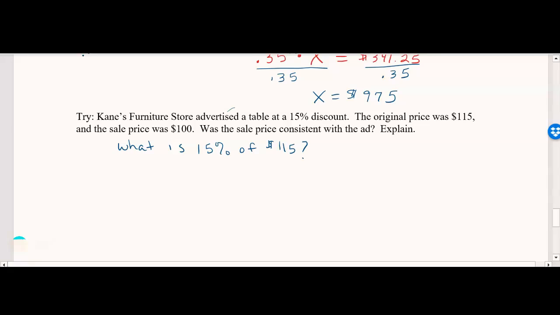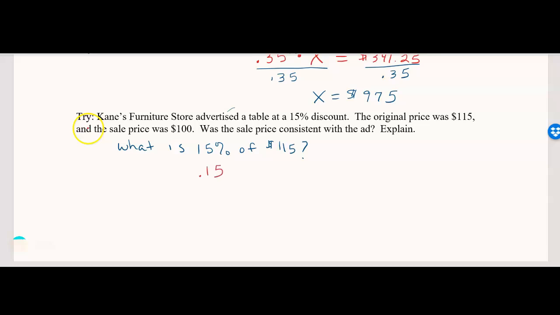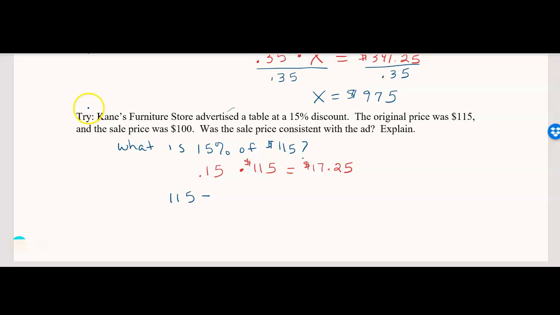Well, then I'm going to convert to a mathematical equation. So 0.15 times 115, because remember, of always means times, 17.25. Now that's the discount. We're not done yet here. That's the discount. So what we need to do is take the original price minus the 17.25, and we get 97.75.